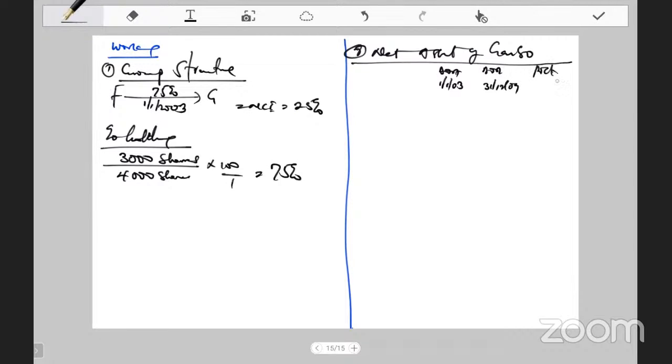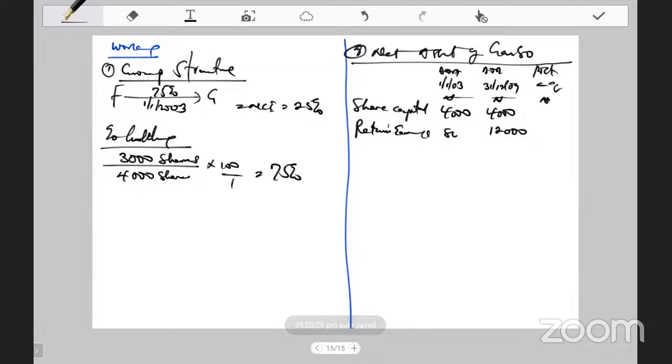And post acquisition, what is my share capital on the date of reporting? 4,000. What is the amount on the date of acquisition? 4,000. What is my retained earnings on the date of reporting? 12,000. What is the amount on the date of acquisition? 8,000. Any adjustments affecting the net asset? None.